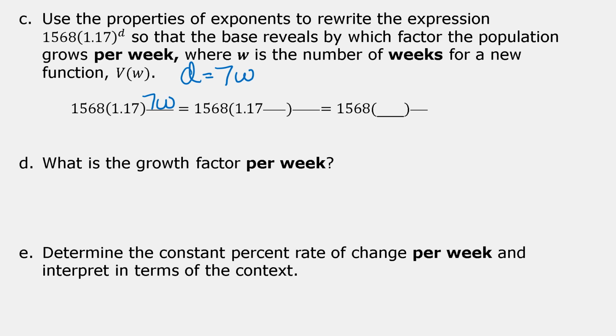So if we split up our exponent, we want just the W on the outside, so we're going to be raising this 1.17 to the 7th power. So if you do 1.17 raised to the 7th, you get like 3.001.